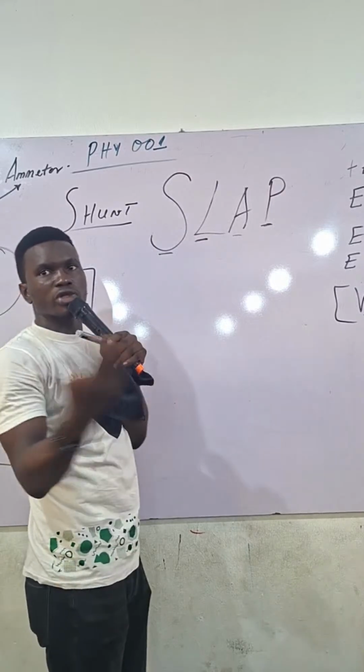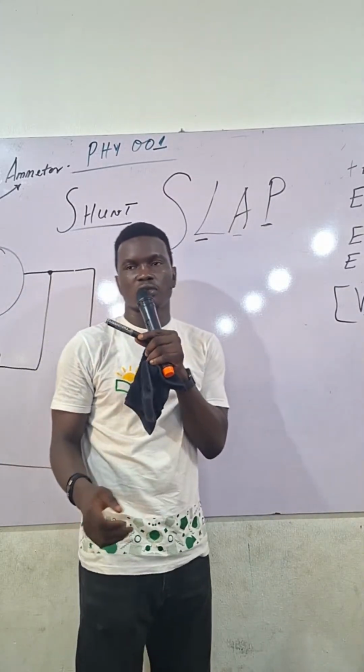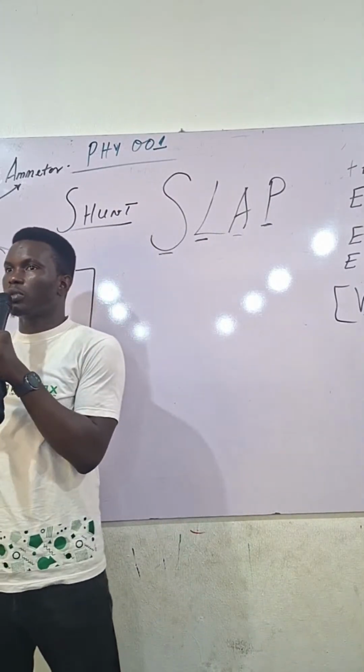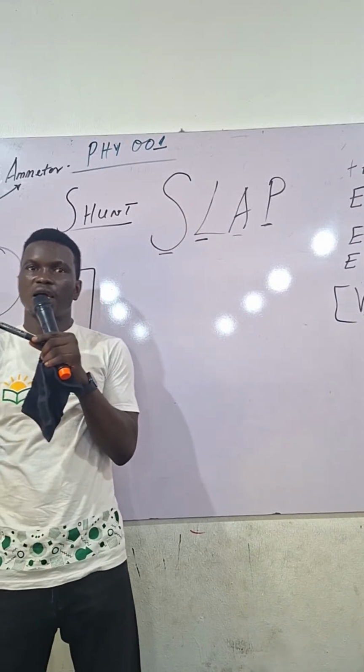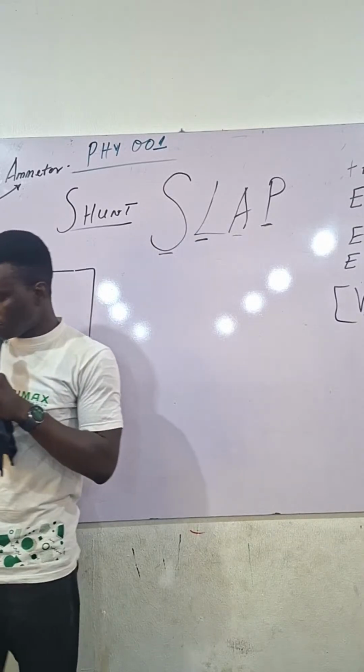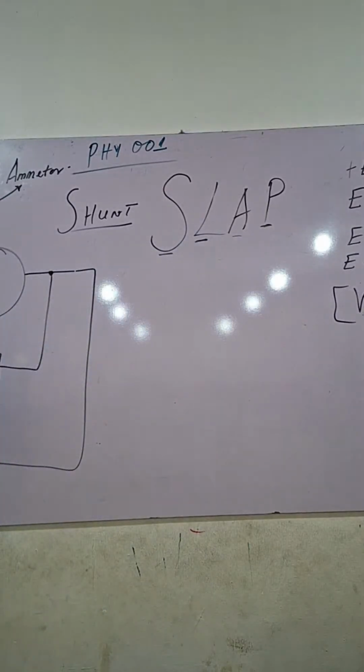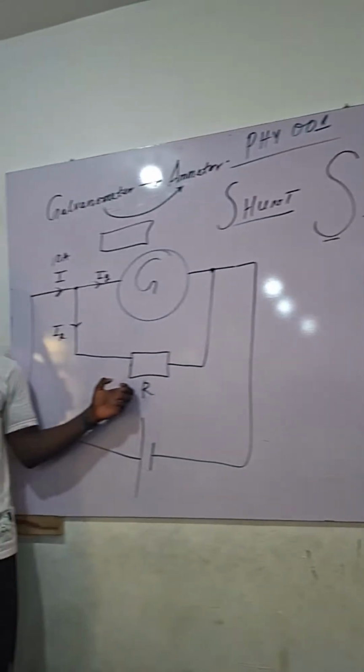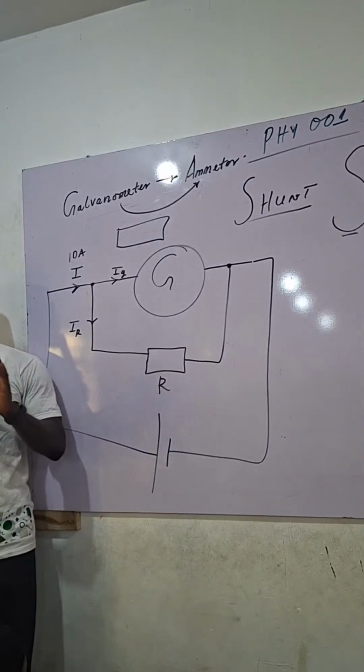They can ask you for shunt or multiplier. So if they say shunt, they are talking about this. If they say multiplier, they are talking about another thing. That's what we'll talk about next. So now, from what we have here, the next thing is they can say you should calculate the value of this resistance. But it's very simple. I don't cram formulas here.